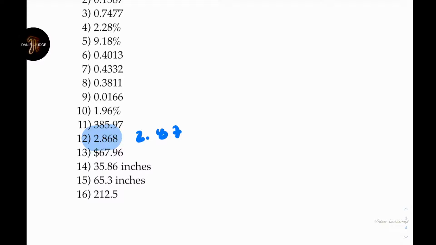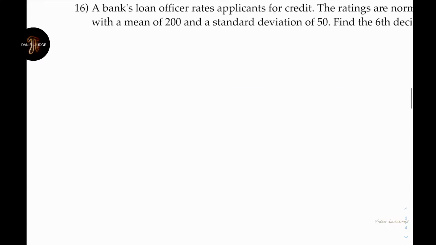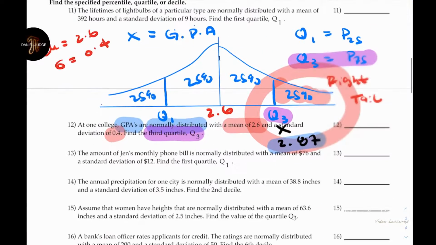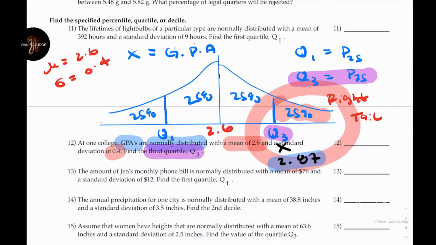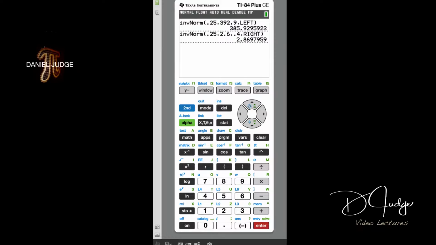So, ladies and gentlemen, here's going to be the thing about this. Some of you are going to have a calculator that doesn't even give you the option of a right tail. Like, for example here, TI 80. If I change my calculator to not the CE version, there should be a way to change this. Oh, I guess it's down here.